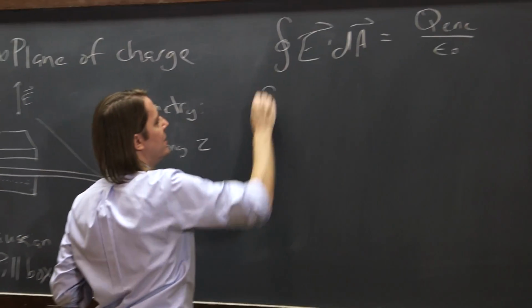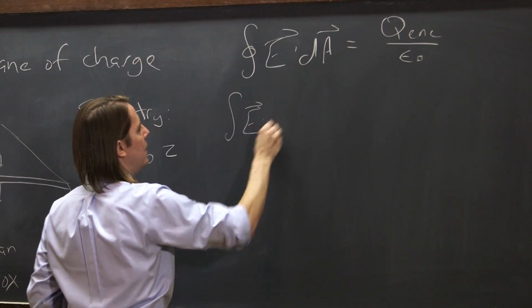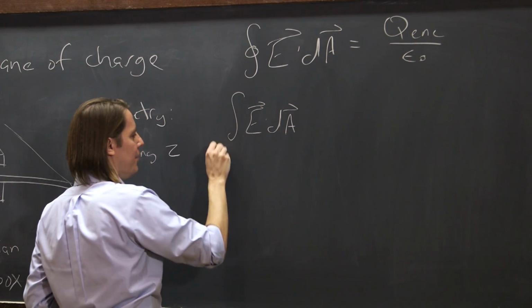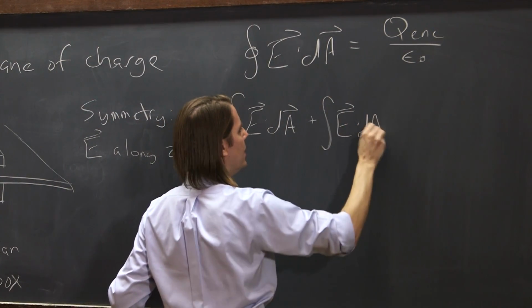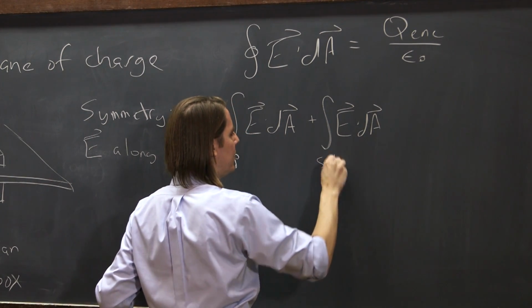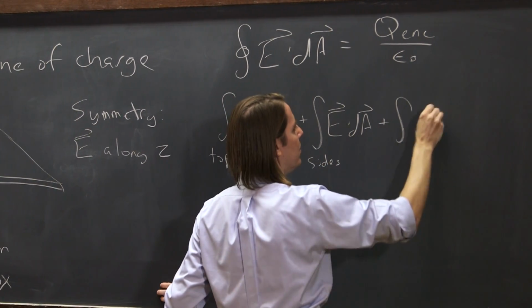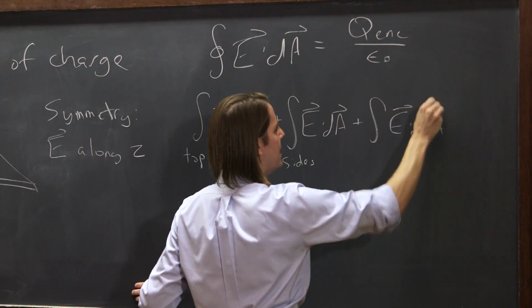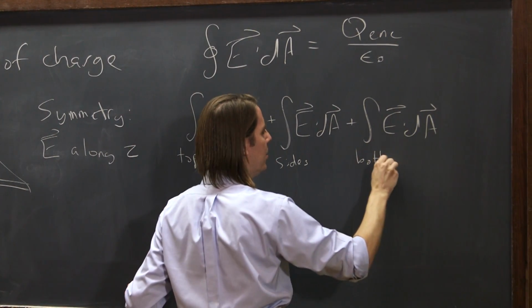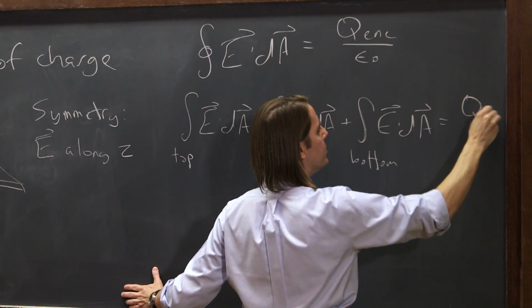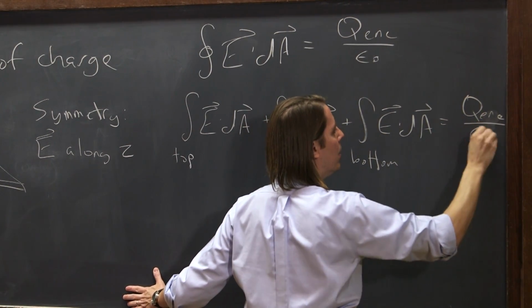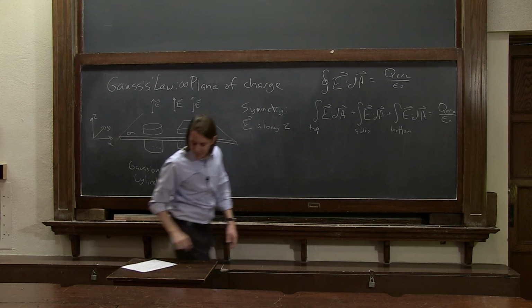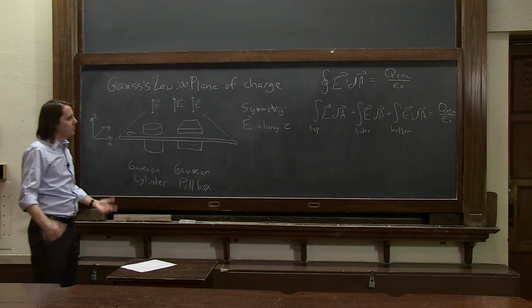So we could actually just say this is the integral of E dot dA of the top plus the integral of E dot dA of the sides plus the integral of E dot dA of the bottom equals the charge enclosed over epsilon naught.